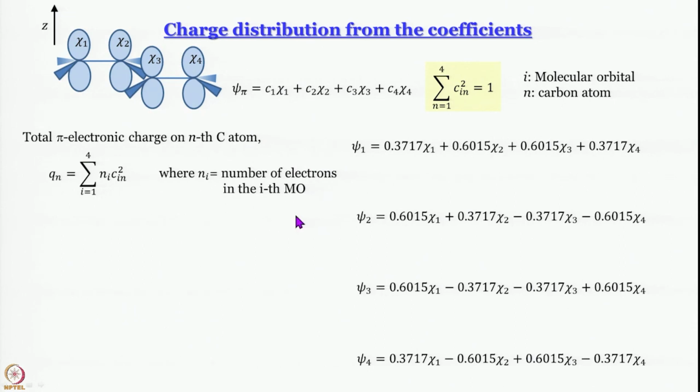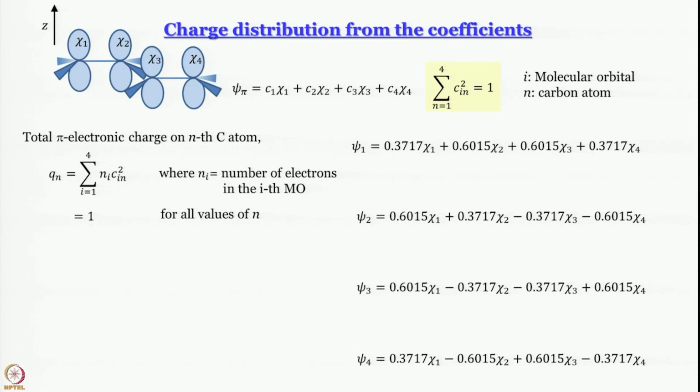So, let us do that for one. For all values of n, take any value of n. Say take n equal to 2, for example, the second carbon atom. What I am asking you to do is 2 multiplied by 0.6015 square plus 2 multiplied by 0.3717 square, that turns out to be 1. Do it for any carbon atom, it will turn out to be 1.